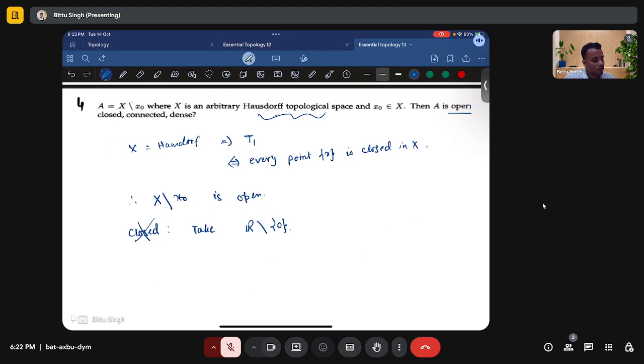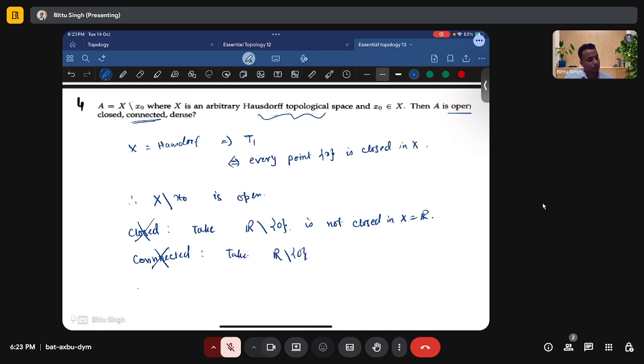So this is not closed in X equal to R. This is a counterexample. What about connectedness? Again, the same counterexample. R minus 0 is disconnected. So connected may not be true. Take R minus 0.